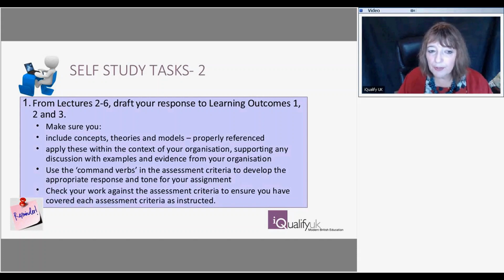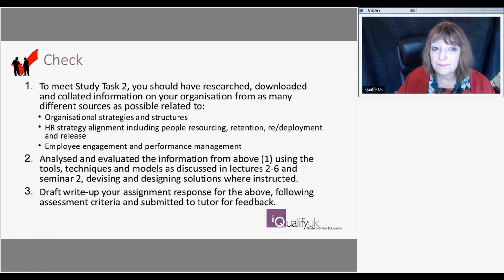Make sure that you've used the command verbs in the assessment criteria to develop appropriate response and tone for your assignment, and checked your work against the assessment criteria to ensure you have covered each assessment criteria as instructed. And you'll be expected to do that for the end of this as well.